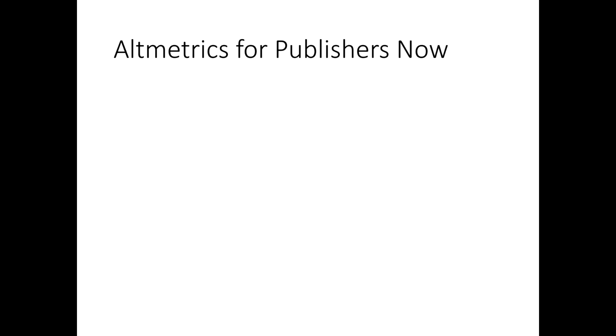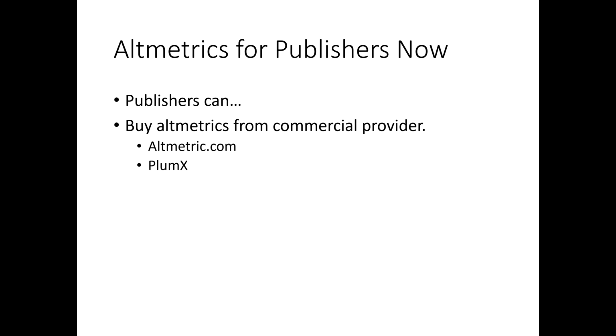I'm going to start off by looking at different perspectives for Altmetrics, starting with the perspective of publishers. So if you're a publisher now, someone like Wiley, Blackwell, or PLOS, you have a variety of choices about Altmetrics. You can buy them from a commercial provider such as altmetric.com or PubMed.